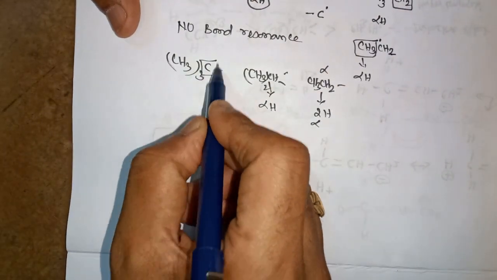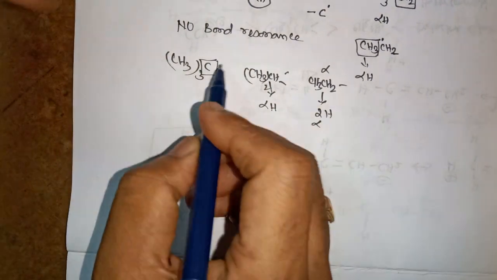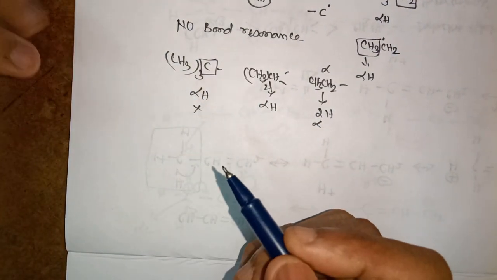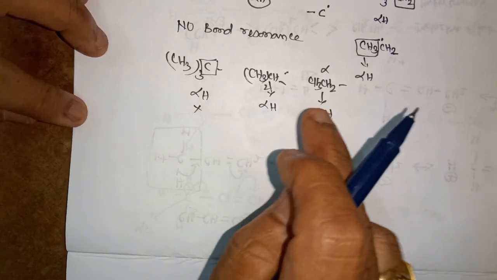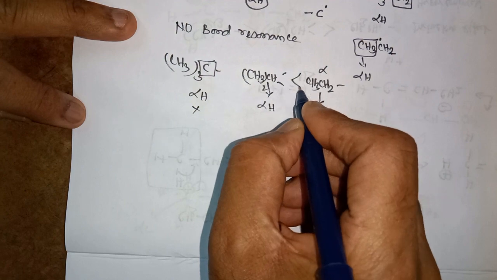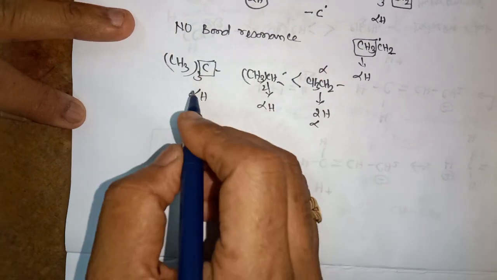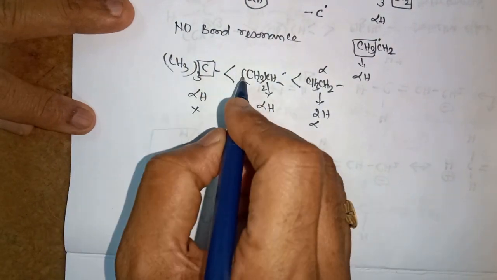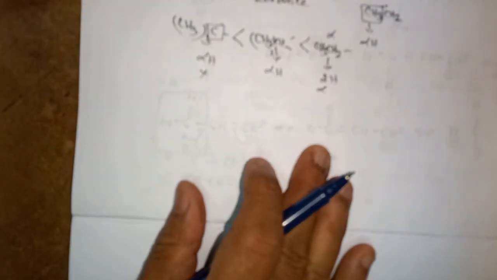Here there is no alpha hydrogen, the absence of alpha hydrogen. So the primary group shows a higher hyperconjugation effect than the secondary, and the secondary shows a higher hyperconjugation effect than the tertiary.